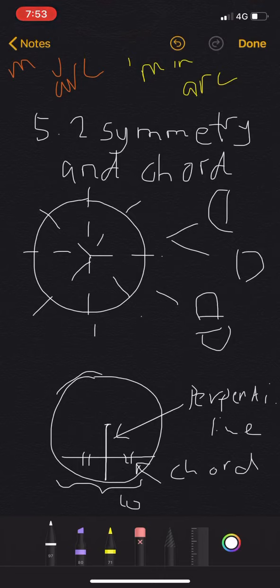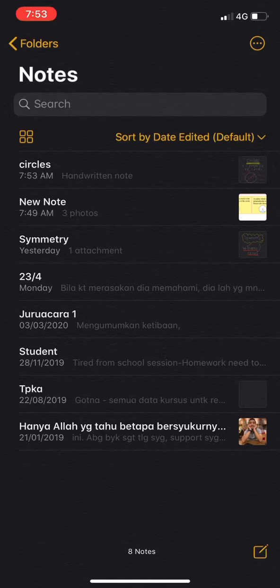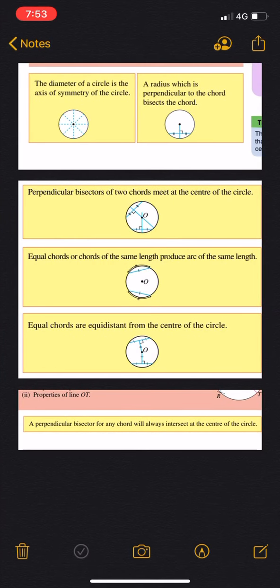So when you have the perpendicular line daripada center yang cut the chord into two equal parts, yang ni akan jadi 5, this one pun akan jadi 5. That is basically the second property: the radius which is perpendicular to the chord bisects the chord. They cut the chord into two equal lengths.